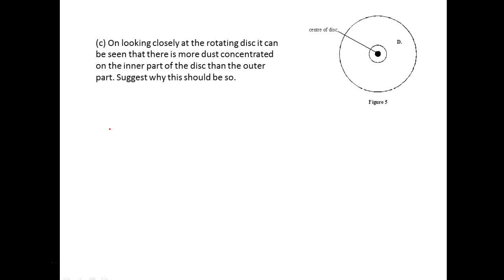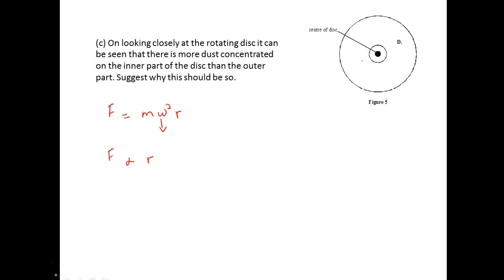One approach would be to say that if we start with the centripetal force being m omega squared r, then for a constant omega, the force is proportional to the radius for a given mass. So that tells us that a smaller centripetal force is needed for the particles on the inside.